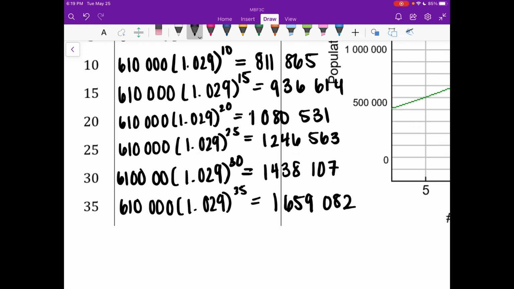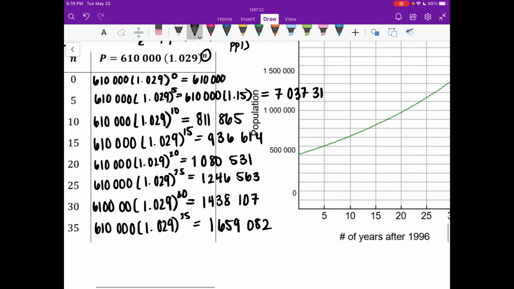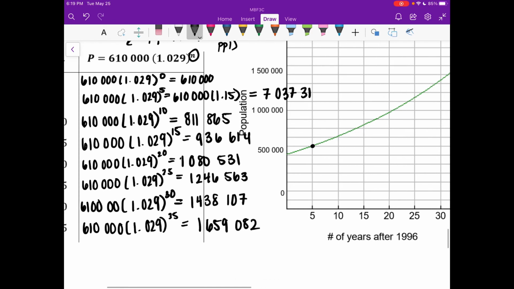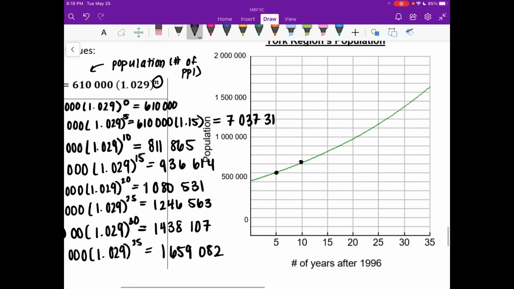Okay, so those are all my numbers, right? So those are all my points. I'm just going to show you how I graphed them in. I said, okay, 5 is going to be at 7 something, so it was like here. 10 was at 800,000-something, so 10 was like here, and then 20 here, 25 was here, 30 was here.